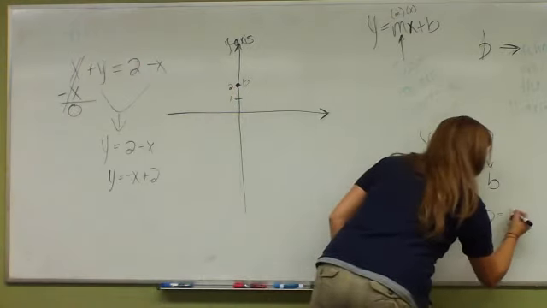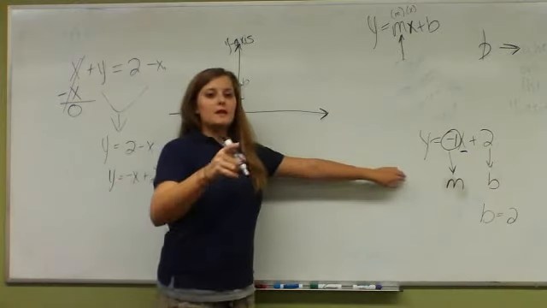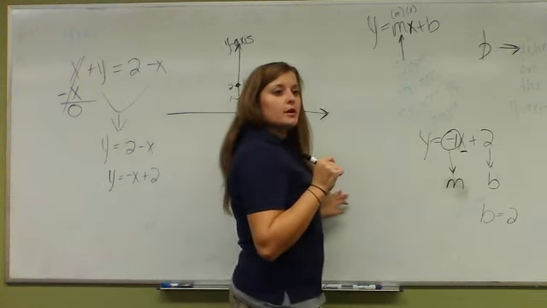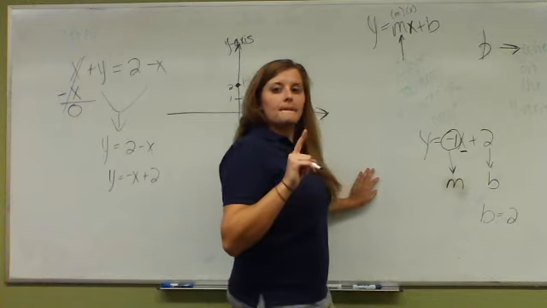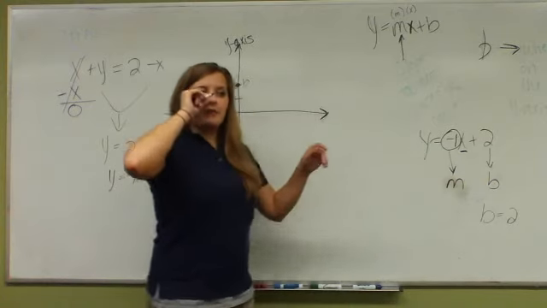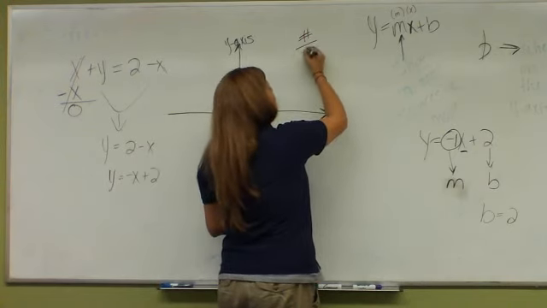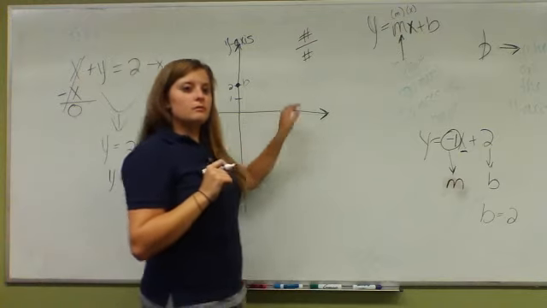So B equals 2. Now our slope, back to what Deja was saying: it's over 1, any whole number, it doesn't matter what it is over 1. Because remember, as fractions, if I have a number over a number, this is also seen as division.